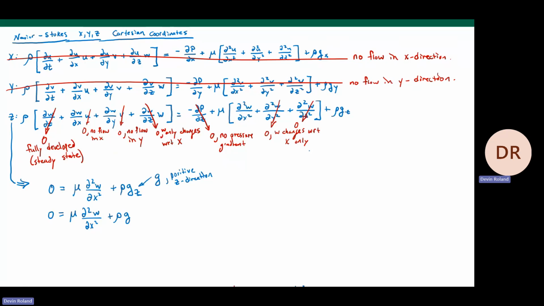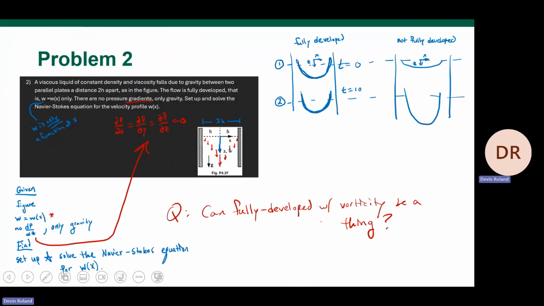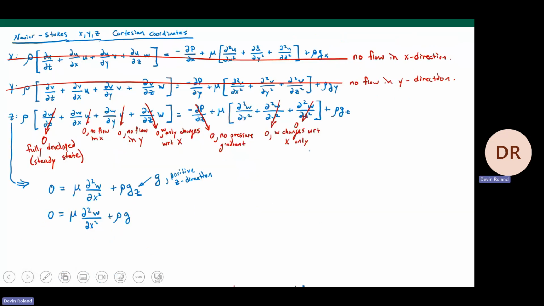Okay, so now what we would like to know is what it asks us for: set up and solve the Navier-Stokes equation for w of x. So let's find w of x. How do we do that? We integrate, right? So we want to rearrange this to get d squared w dx squared on one side, and on the other side, get everything else.